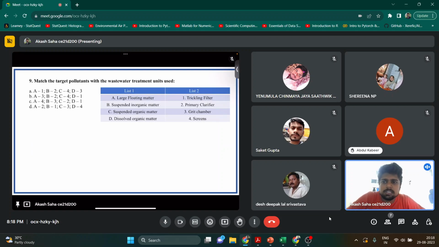Okay, so this is a match the following type. We have different types of organic and inorganic matters, and we have different types of unit processes or operations. Just match the following and tell me which of the options is correct.